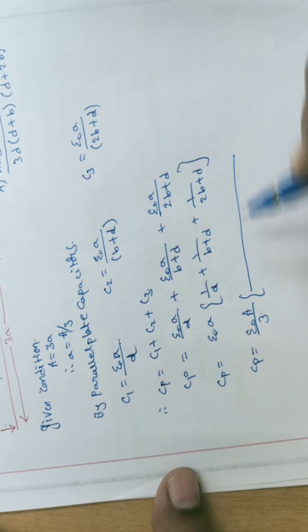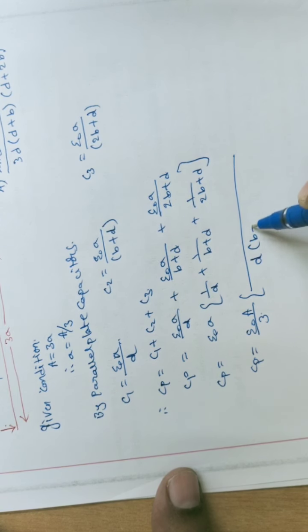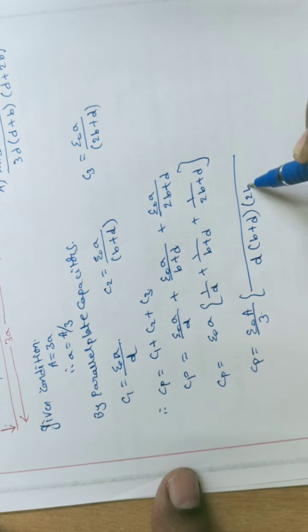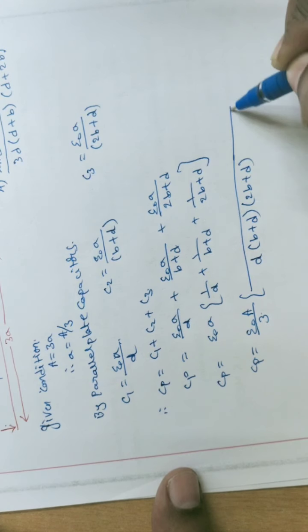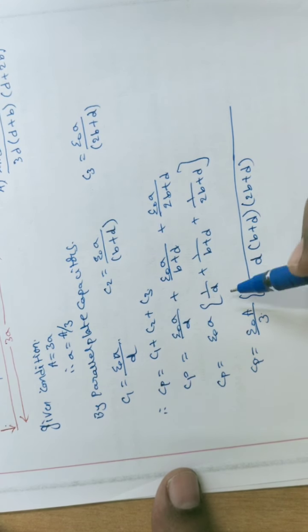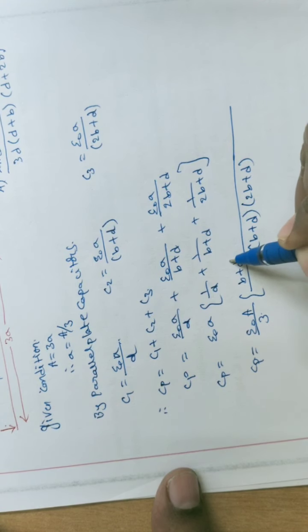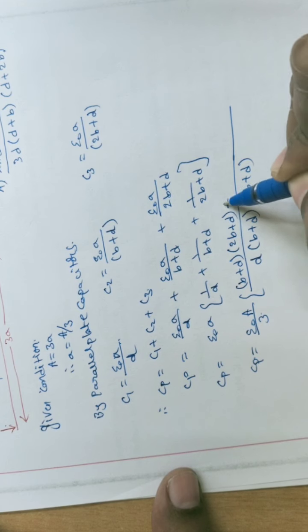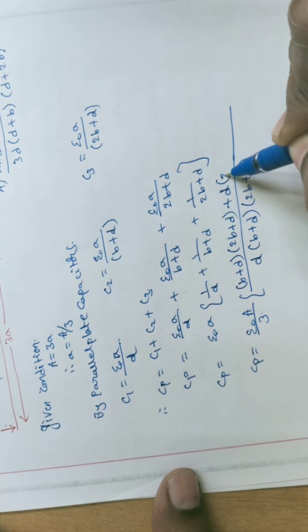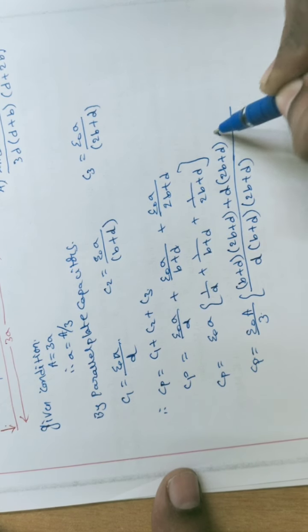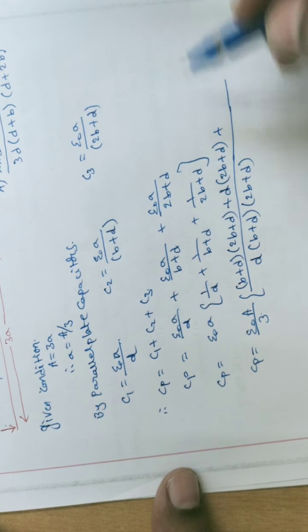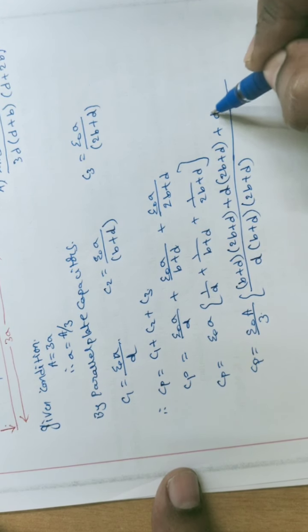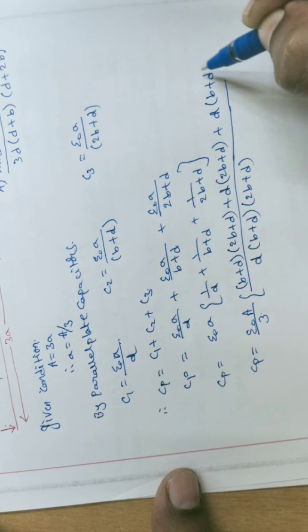Now the LCM is D into (B plus D) into (2B plus D). Taking the LCM, the numerator terms are (B plus D)(2B plus D), D(2B plus D), and D(B plus D).